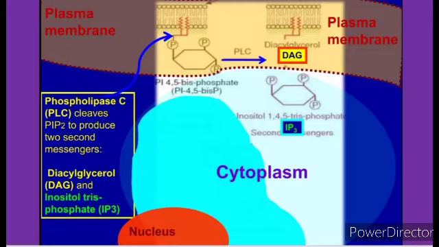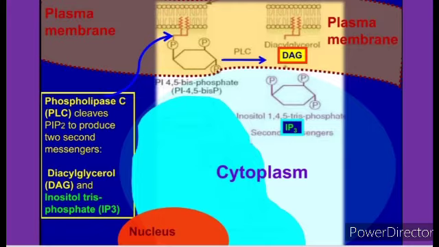There is an enzyme in the membrane that can break that PIP2 into 2 molecules, one called DAG, diacylglycerol, and one called IP3, inositol trisphosphate. Here's another way to think about it.